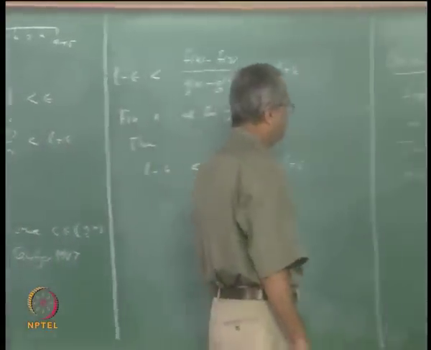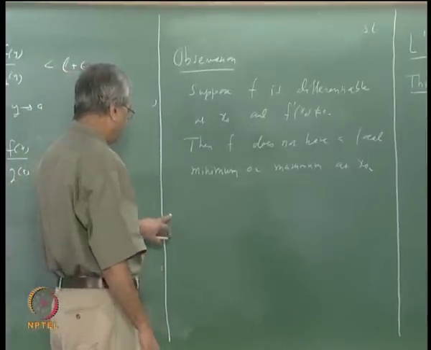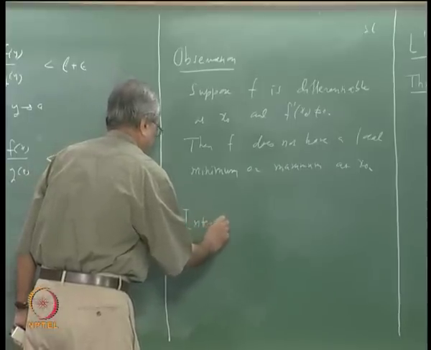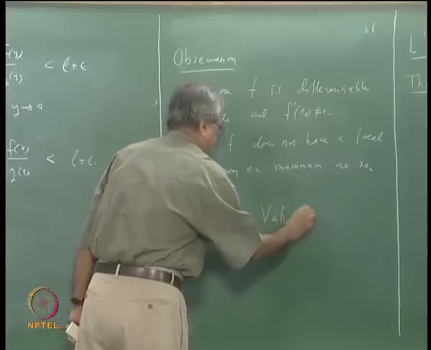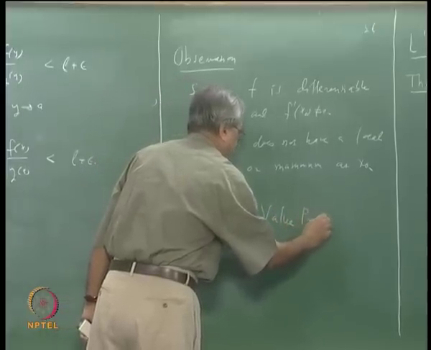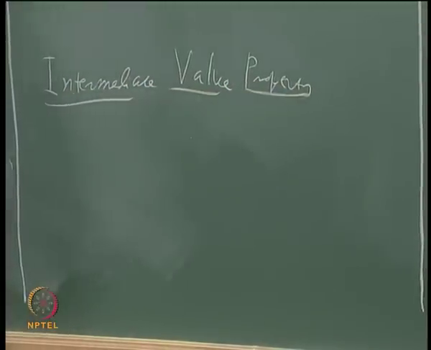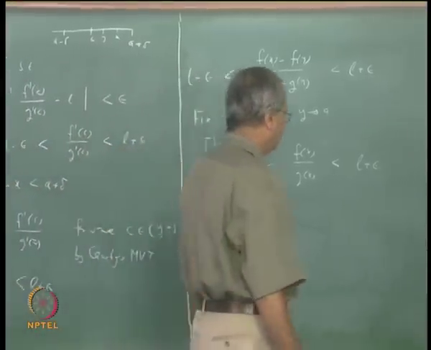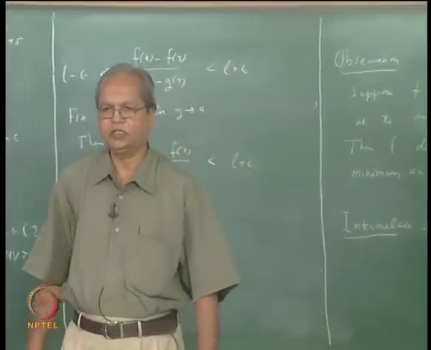Then there is one more property that we shall recall. Perhaps you would have heard of what is called the intermediate value property. This is usually discussed in connection with connectedness. One can prove that the image of a connected set under a continuous function is connected.